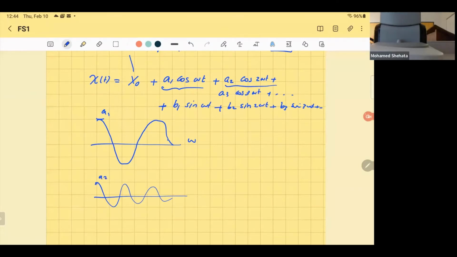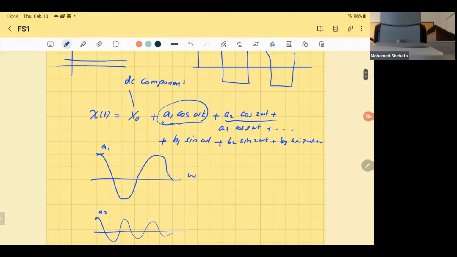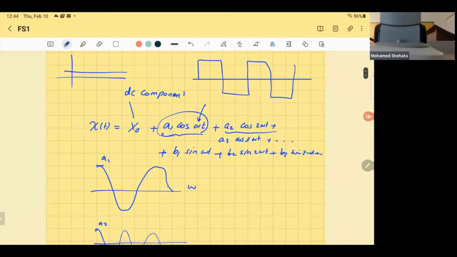You have many cosines with different frequencies, but the first component, with this omega, is the fundamental component. The second, 2 omega t, is the second harmonic. 3 omega t, the third harmonic, and so on.